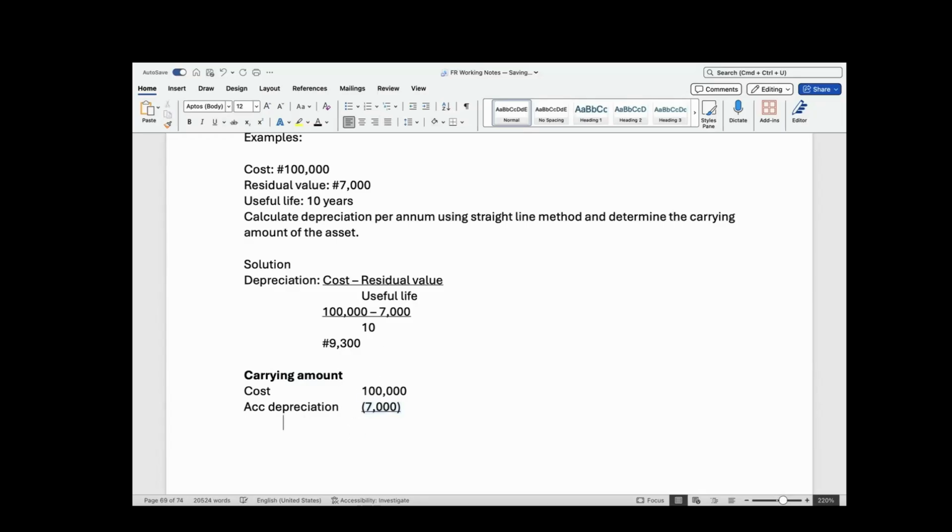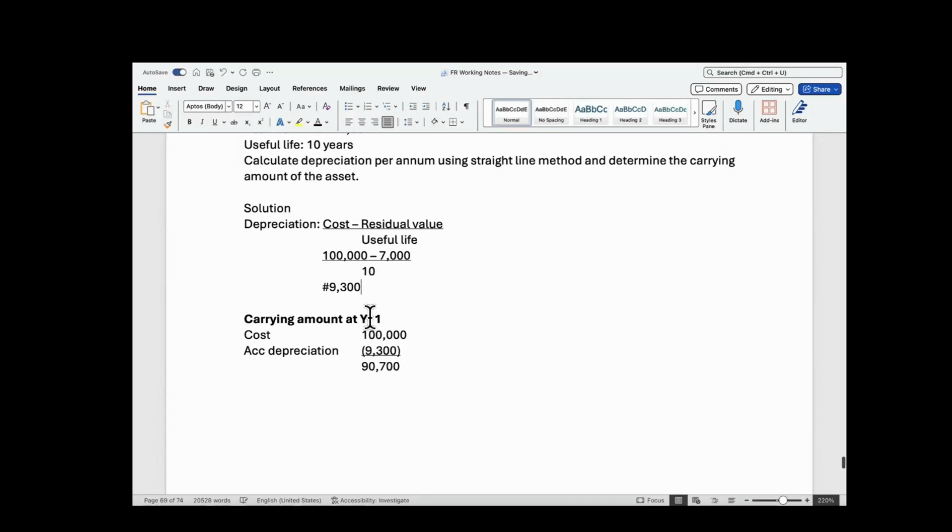That makes my carrying amount 90,700. That's my carrying amount at year one.